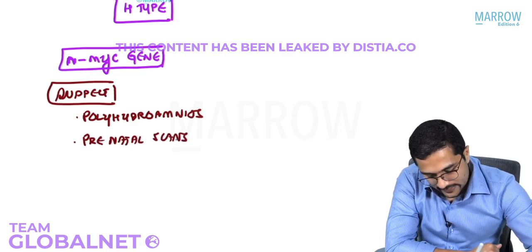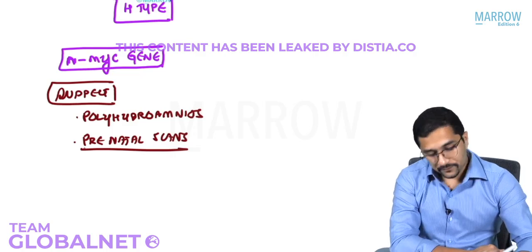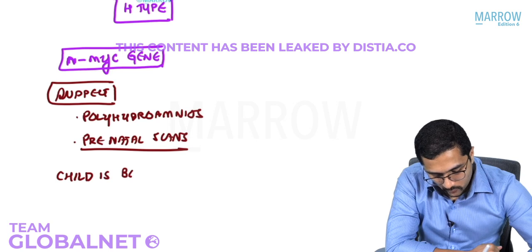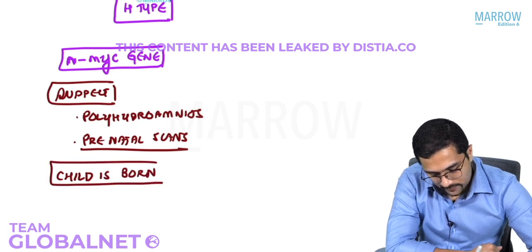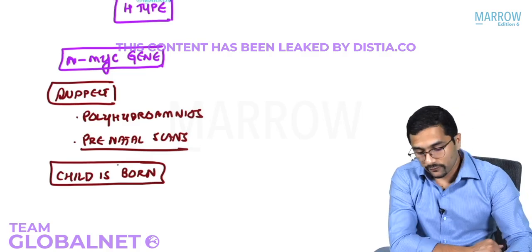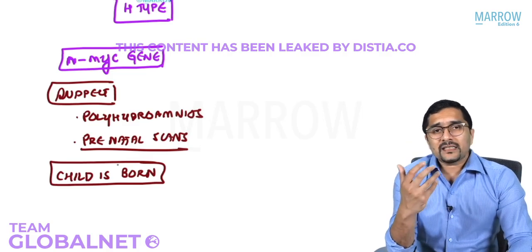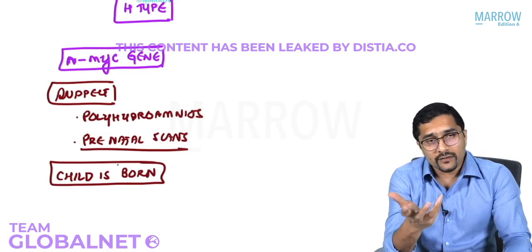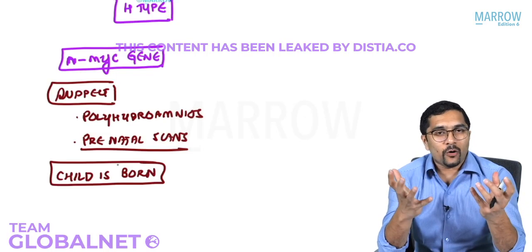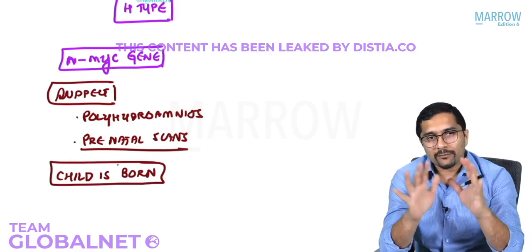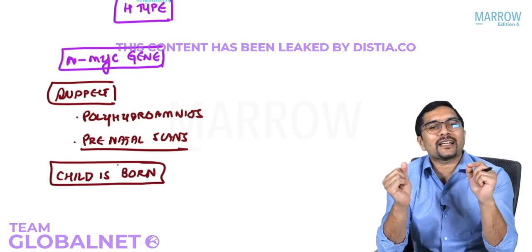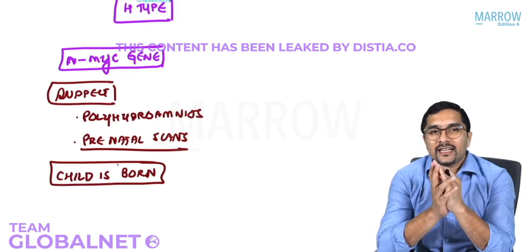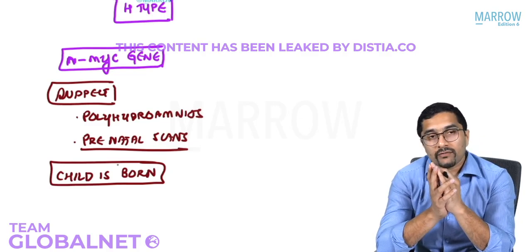But when the child is born, what are the clinical symptoms which one should be aware of? I'm sure as interns, you all would have seen deliveries happening, or taken deliveries yourself. Whenever a child is born, the first thing which you do is you wrap the child and you suction the oral cavity, right? Then you check whether the anal opening is patent or not.